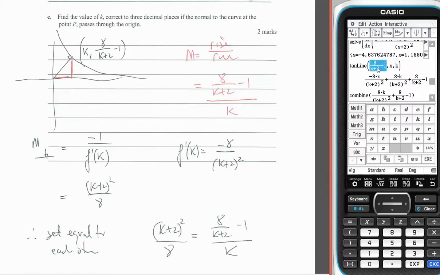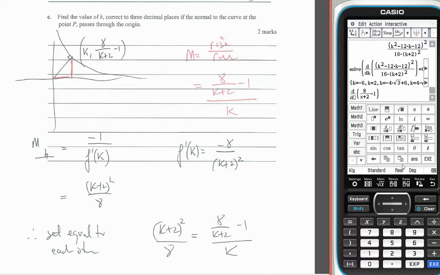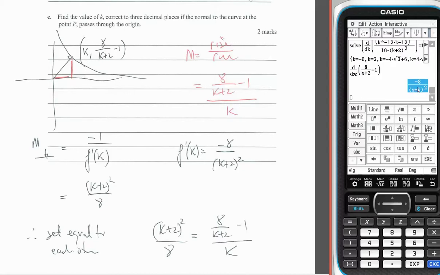Here is my expression, copy, paste, and I take the derivative of it with respect to x, and there it is. Now, I don't want this because I wish to flip it upside down and change the sign.